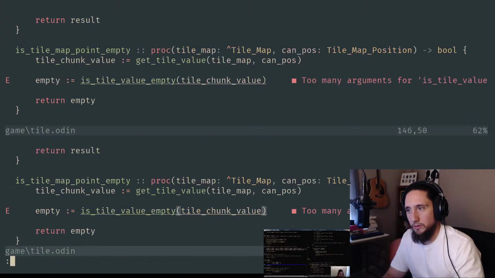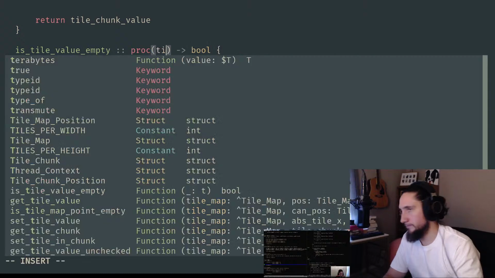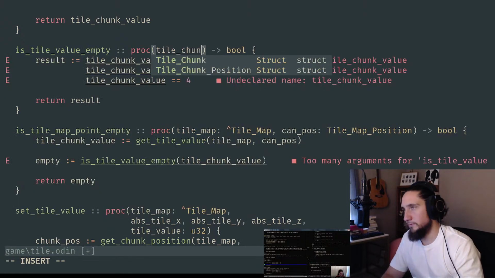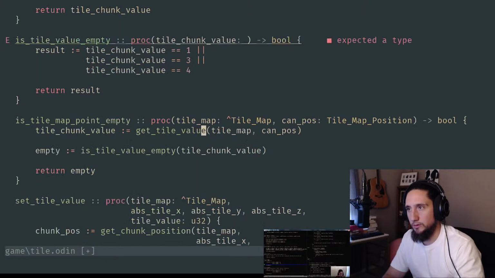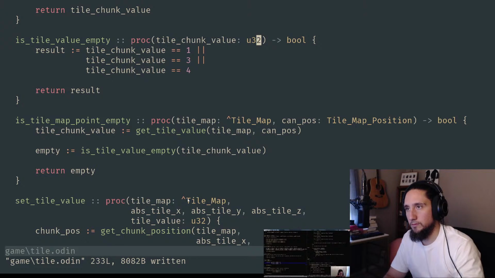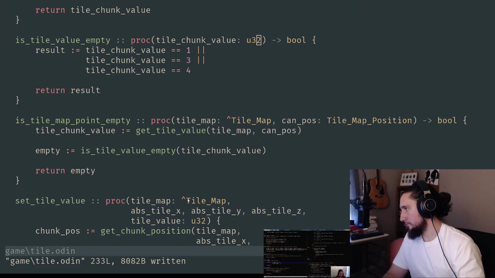And it helps if you give the procedure a parameter, doesn't it? Is it an int? What comes out of here? U32? Yeah. That check. Is tile value empty? Tile value, and so on.